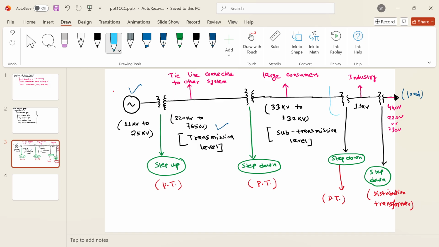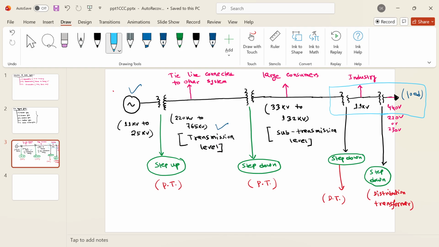This part is basically part of distribution. The primary distribution gives power to some industry, or medium large consumers, and the secondary distribution comes to our home.